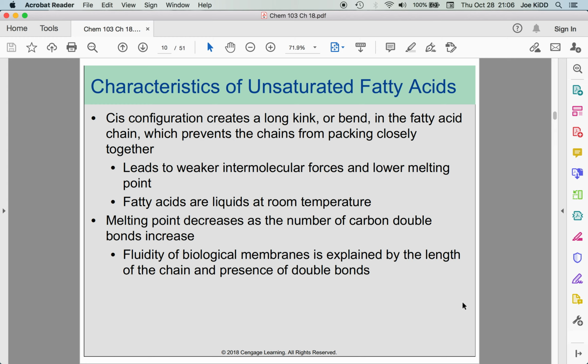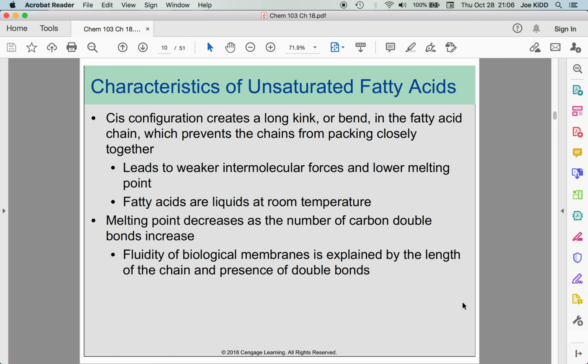So think about it again. If we have kinks in our long chain tail, they can't lay as close to each other as they could if they were all flat. And if they are not able to be very close to each other, they're going to have weaker intermolecular forces. And if there are weaker intermolecular forces holding these molecules together, they're going to have lower melting points.